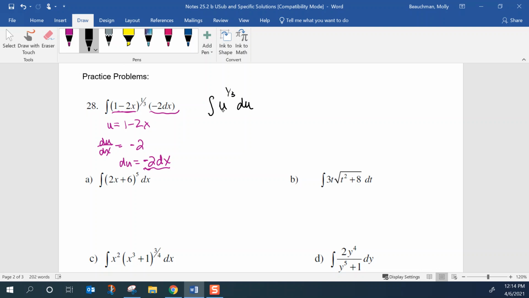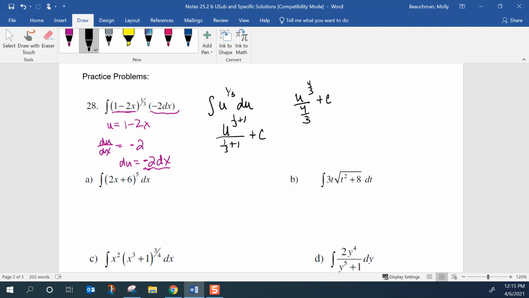So now the integral of u^(1/3) du is going to be u^(1/3 + 1) over 1/3 + 1, plus the arbitrary constant. 1/3 plus 3/3 is 4/3. So I get u^(4/3) over 4/3 plus the arbitrary constant.